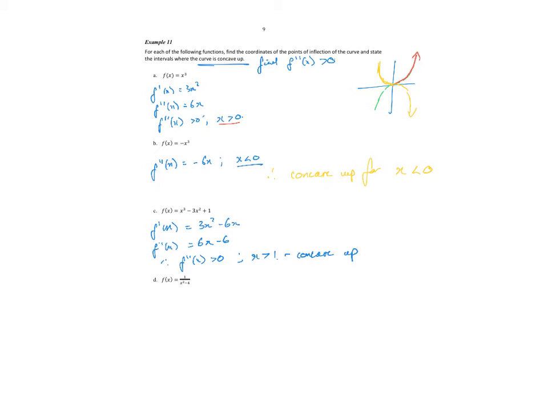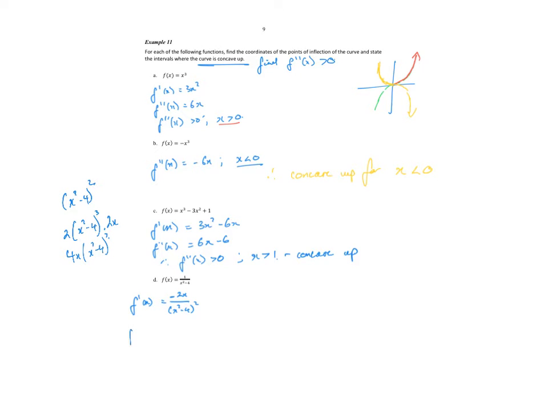What's our derivatives here? Let's have a look. So f dashed of x is equal to, quotient rule, derivative of the top, 0, that's right, minus the derivative of the bottom over the bottom squared.